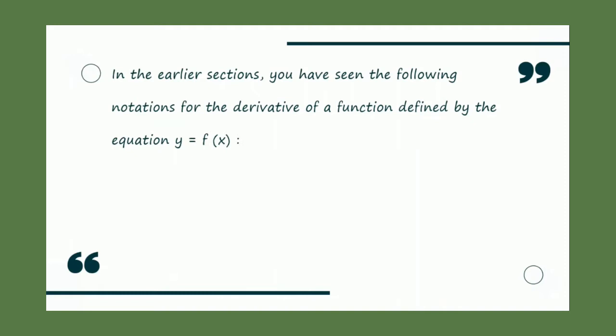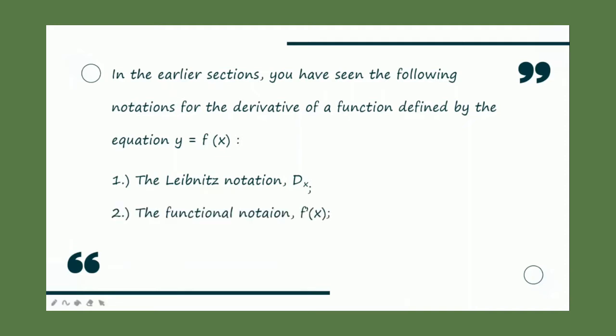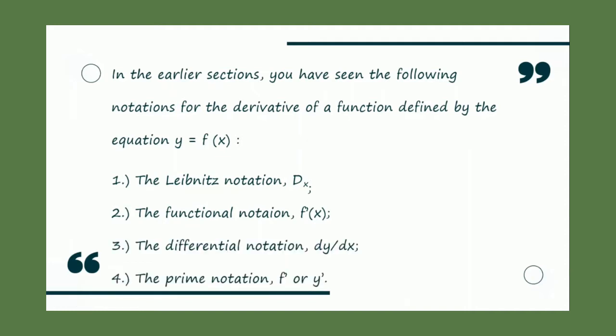this section. In these earlier sections, you have seen the following notations for the derivative of a function defined by the equation y equals f of x. First being the Leibniz notation, followed by the functional notation, third the differential notation, then last the prime notation.